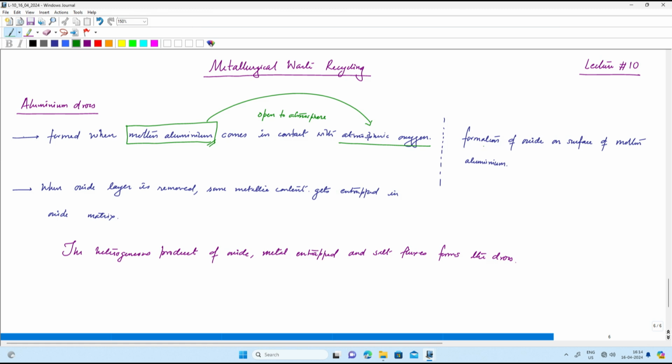The formation of oxide takes place on the surface. If we have a molten bath of aluminium, atmospheric oxygen comes in contact with the aluminium, and we have the formation of dross oxide. The aluminium oxide forms at the surface.